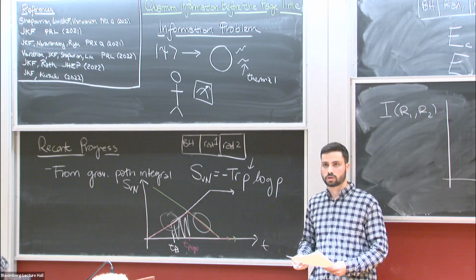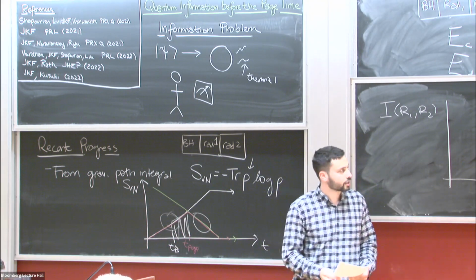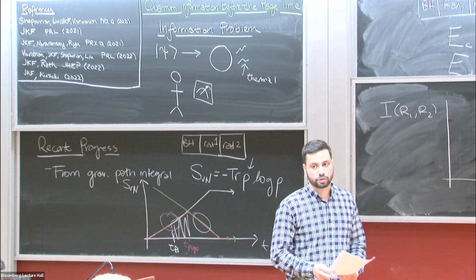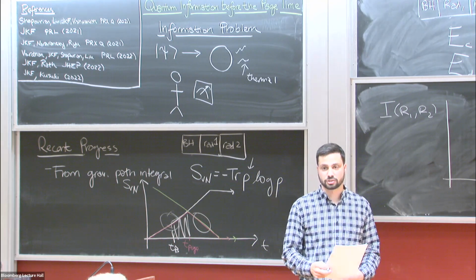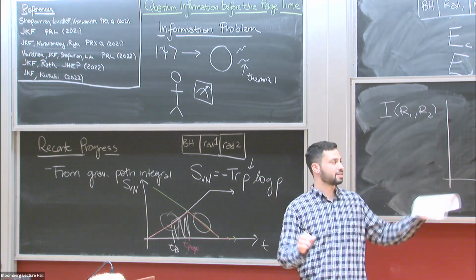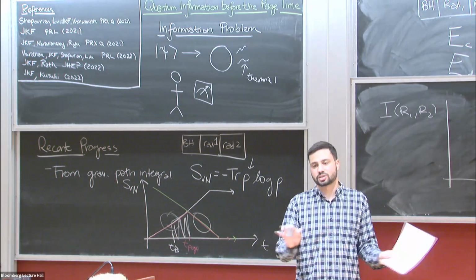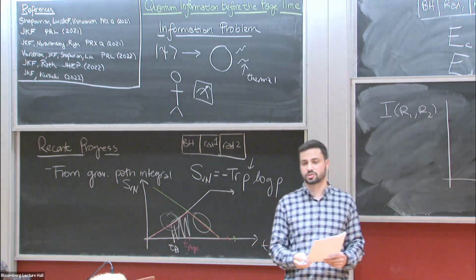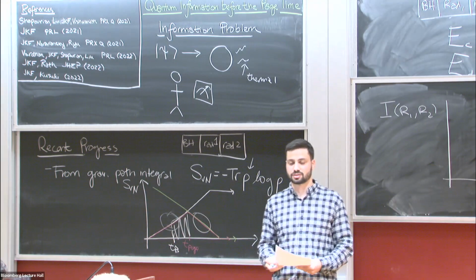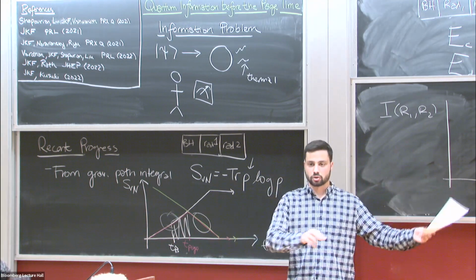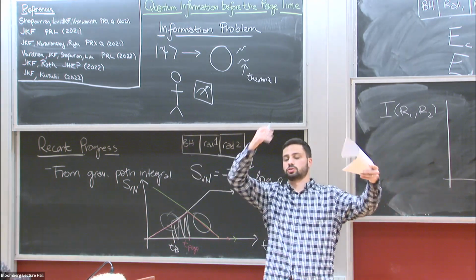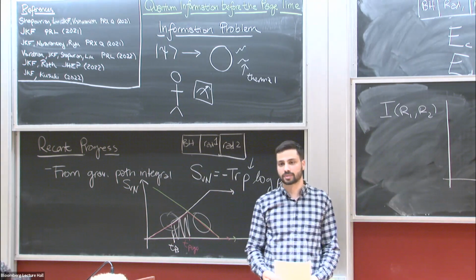Here we don't have early and late radiation, although you could think of it like that. In this very simple model, you can just partition any way you want. There's no good distinction. There's only one black hole, lots of radiation, and you just make some arbitrary cut.